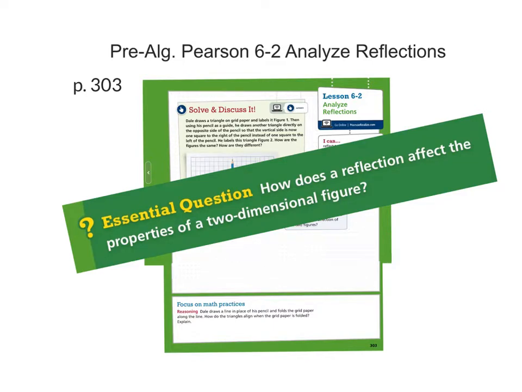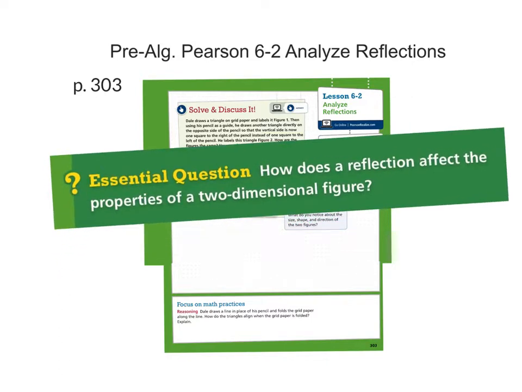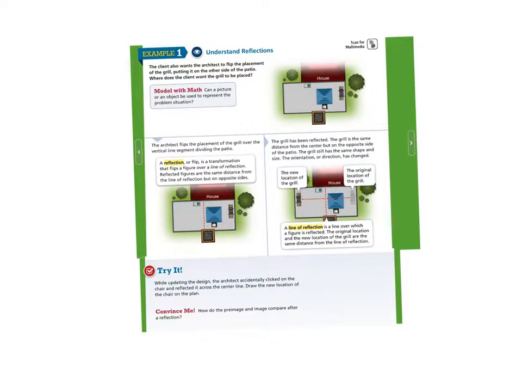Lesson 2, we're looking at analyzing reflections. So we're talking about how a reflection affects the properties of a two-dimensional figure. When you hear the word reflection, you might think of a mirror.